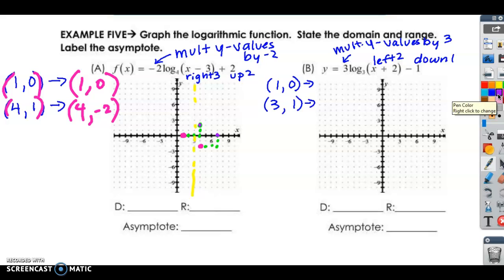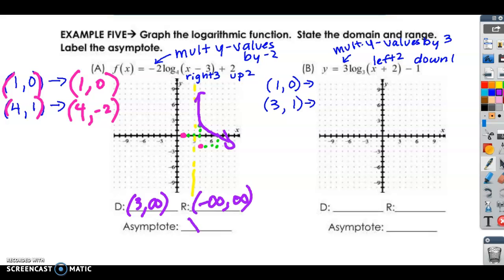Now you have an idea about where the graph is going to be, because these 2 purple points, I'm just going to connect and have them approach the asymptote. Done. Terrible graph, but you get my point. All you need are those 2 points. And then the domain is from 3 to infinity, not including 3. The range is -infinity to +infinity, and the asymptote is x equals 3.